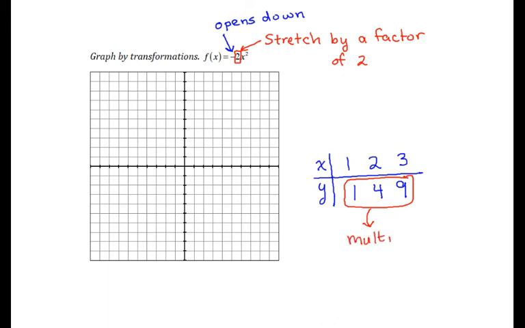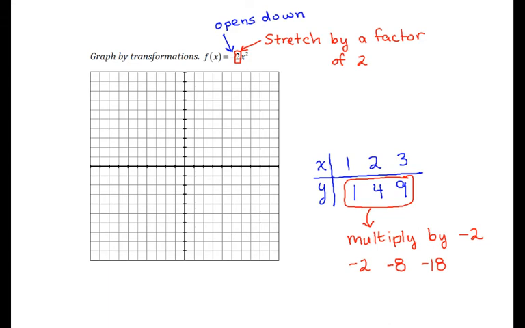And I could even multiply them by the negative while I'm at it, since it might make it a little easier to draw the graph. So if we're having to modify these anyway, we may as well not have to keep track of the opening down as a separate transformation, so that 1 times negative 2 is negative 2, 4 times negative 2 is negative 8, and 9 times negative 2 gets me negative 18.